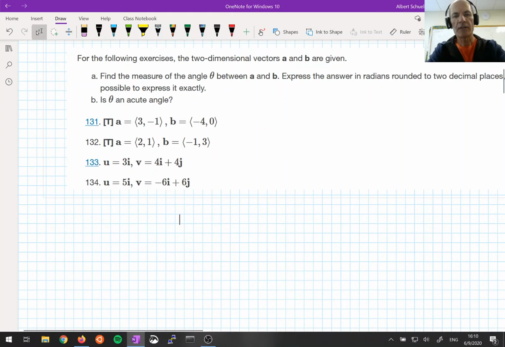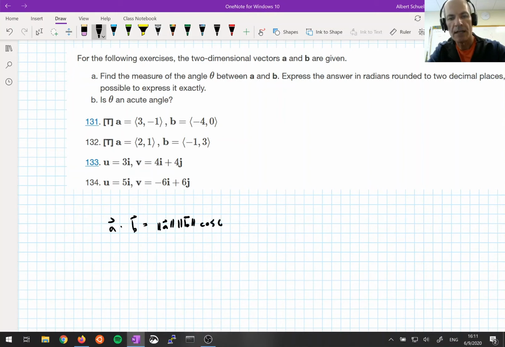These are two-dimensional vectors. These identities all hold for really any dimensional vectors that you could want. So we're going to use the cosine identity for the dot product, which says that A dotted with B equals the magnitude of A times the magnitude of B times the cosine of the angle between them.